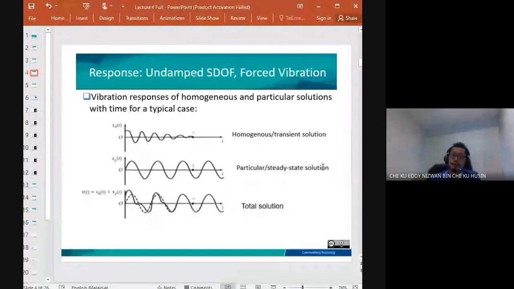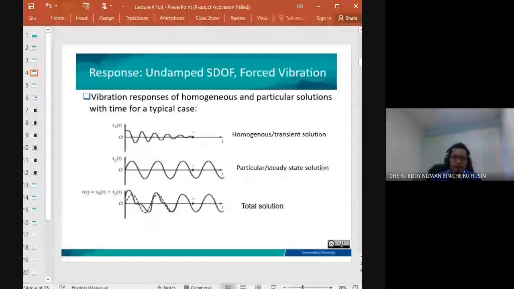This is commonly applied in mechanical structures. There are a lot of sources that can induce harmonic forces, especially rotating machinery, such as any motor or any reciprocating system, either engines or rotating machines. All these kinds of machinery produce harmonic excitation based on the operating speed and the components inside that system.